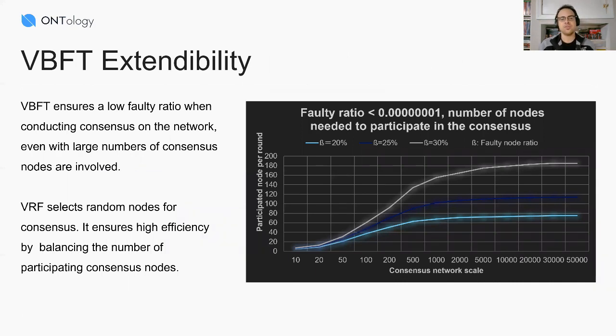VBFT stands for verifiable random function Byzantine fault tolerance. The V is for verifiable random function. What the verifiable random function does is choose a random consensus node in the Ontology network each round to participate.